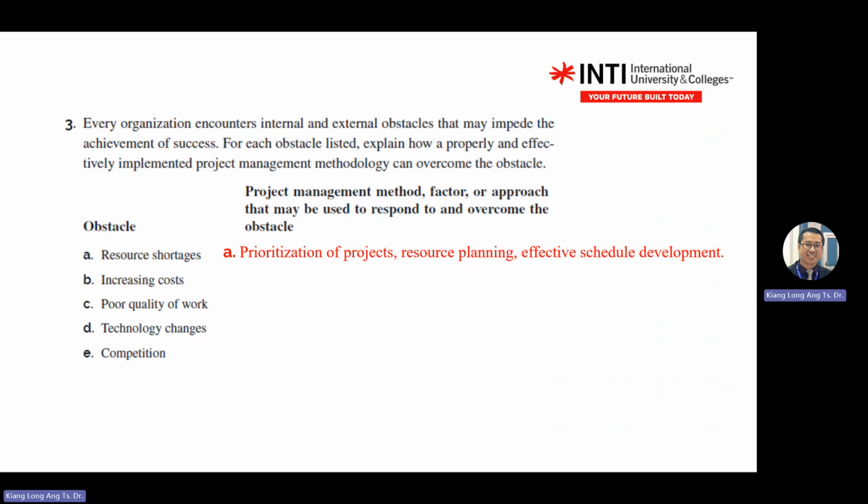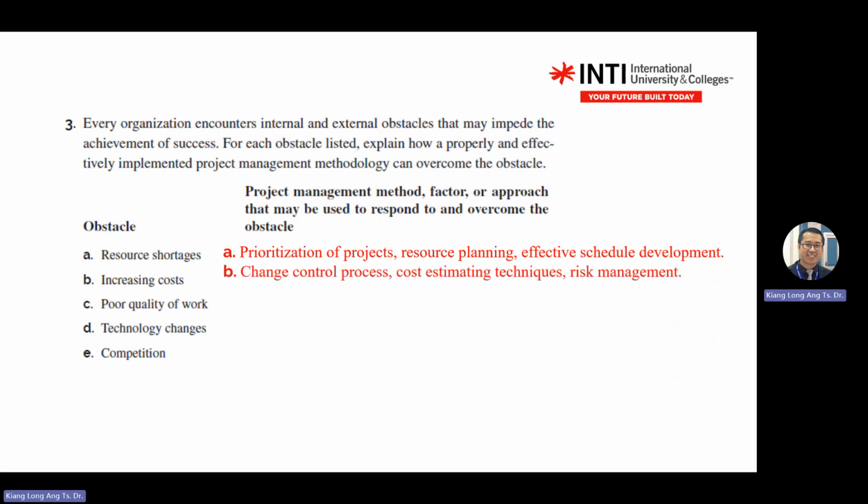Don't put increased cost, or you create another problem with it. If the question gives you a resource problem, you solve by prioritization, planning, and schedule. You don't put manage cost. Cost is part of the resources.